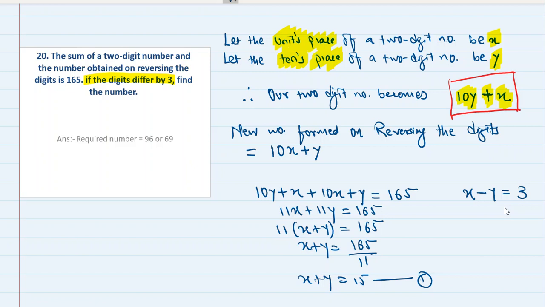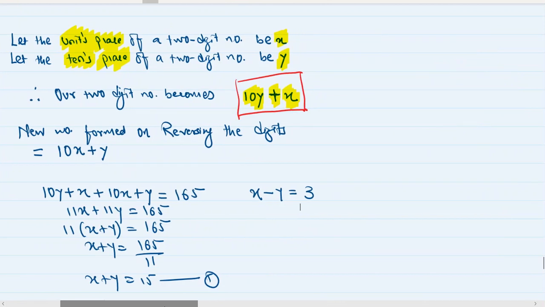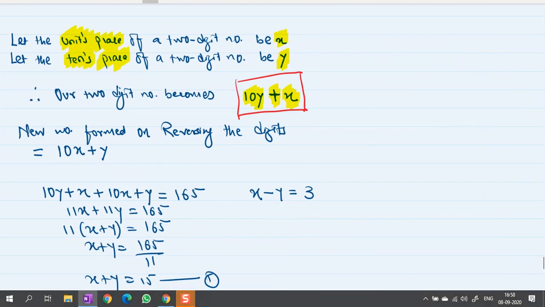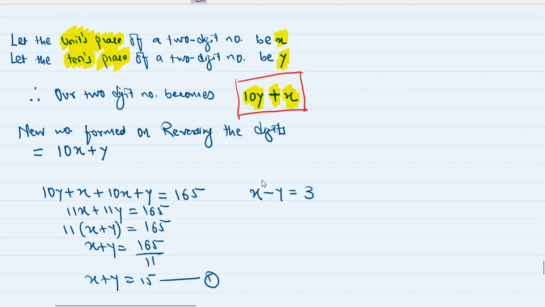Just the sum of the two-digit number and the number obtained on reversing the digits is given. Nothing else is given. So it becomes a little tricky. But nonetheless, I'm going to show you how to solve this.